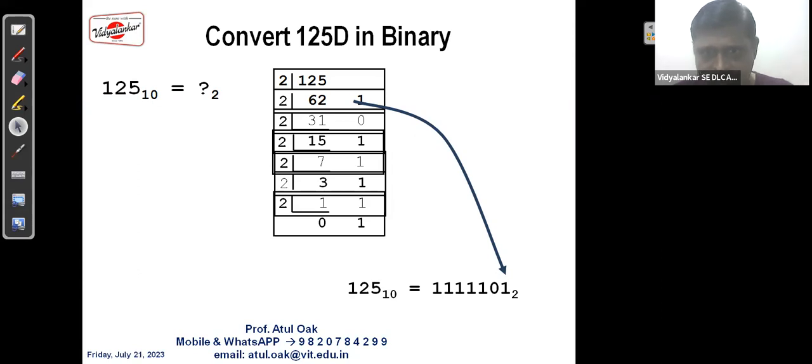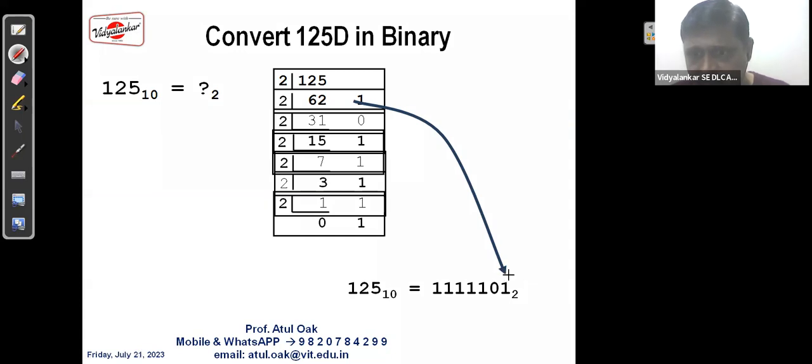Now let me add some more points. If you observe this binary number carefully, look at the position of each bit. Now I will start using the word bit: 0 and 1 are called bits in binary.